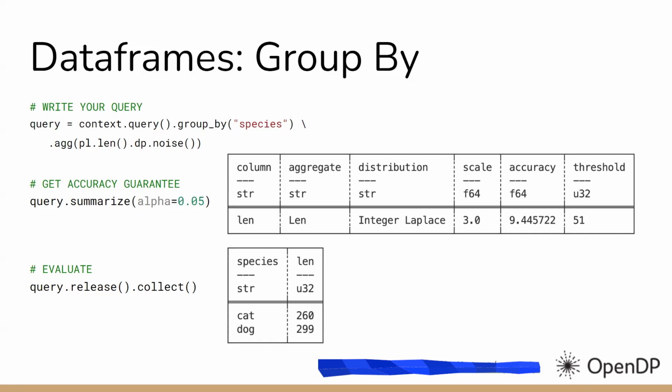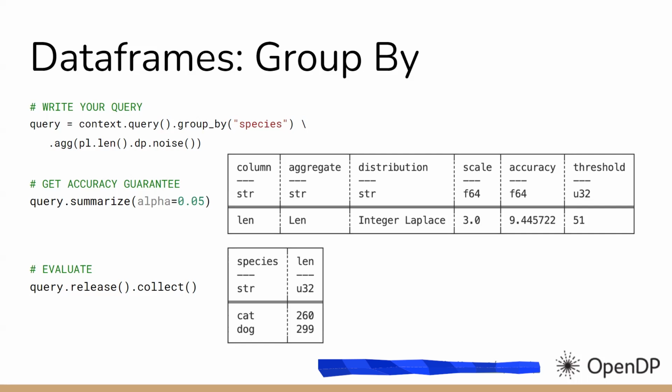Yeah, so in this case, the threshold was set based on the privacy parameters and the noise distribution. Since the privacy definition was approximate DP, it's using Laplace noise.